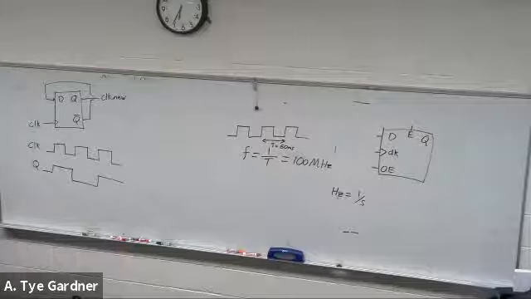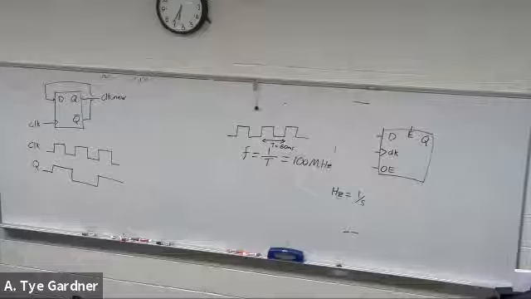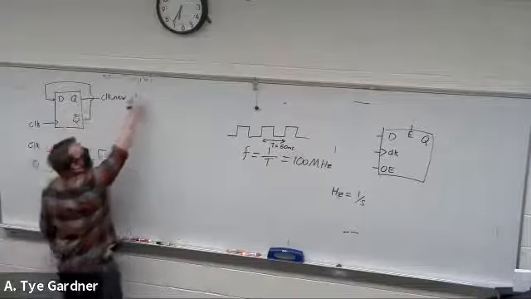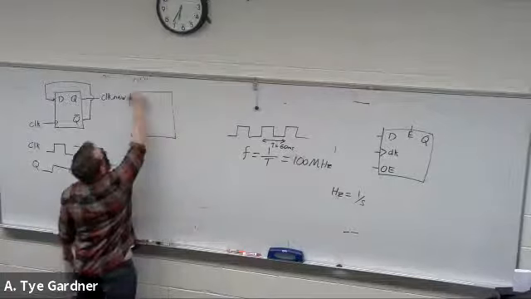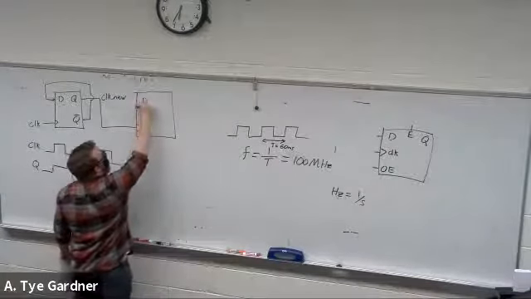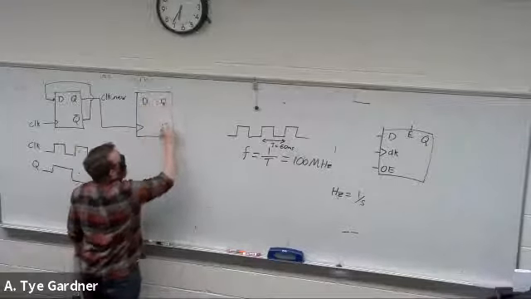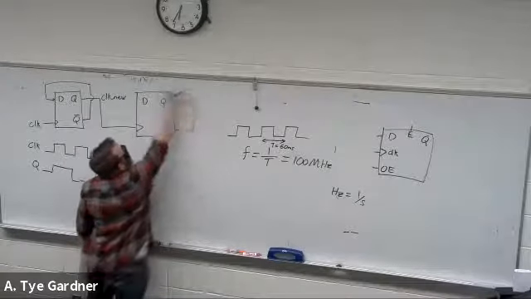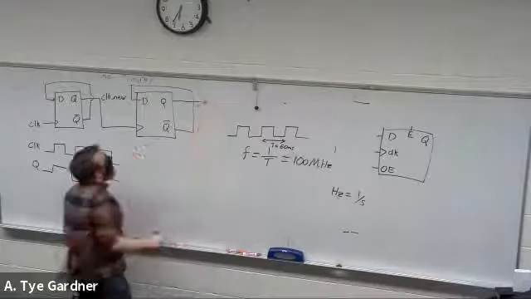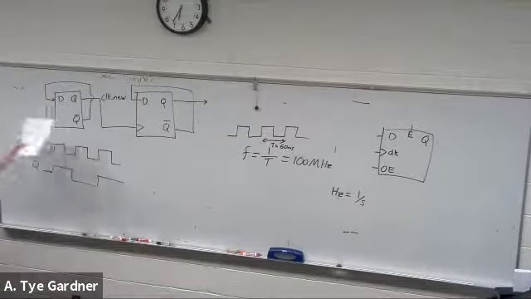So it turns out clock division by 2, or multiples of 2, is trivial, right? Because if I just did that and attached this new Q, I'm now divided by 4.